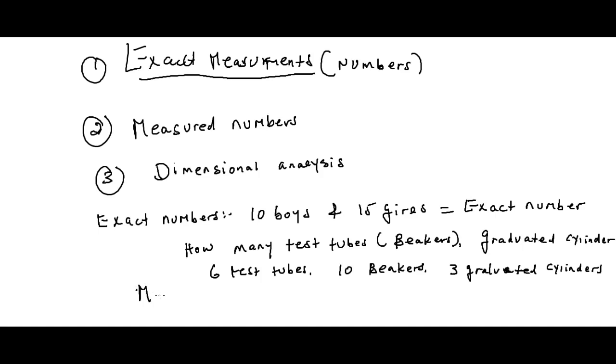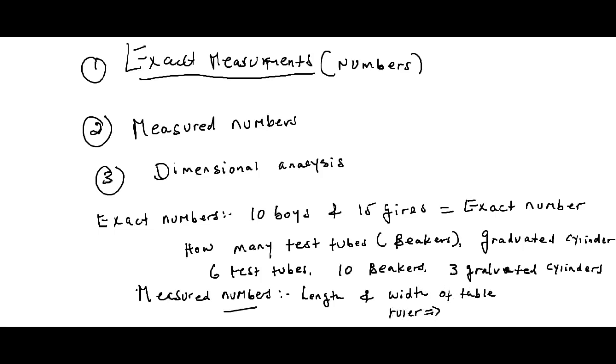Measured numbers are numbers for which you use different tools or instruments. If you want to measure the length and the width of a table, you basically need a ruler. Whatever number you get, that's called a measured number.